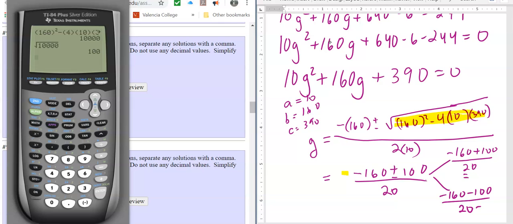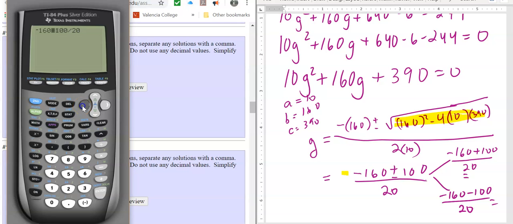Okay? So I want to make sure you see on the calculator how this works. The biggest mistake I see people make is they do this. They'll say negative 160 plus 100. And then they'll put divided by 20. But this will give you the wrong answer because it thinks that only the 100 is divided by 20.